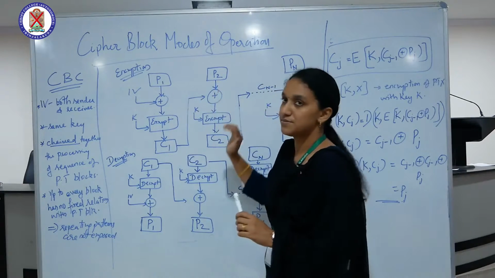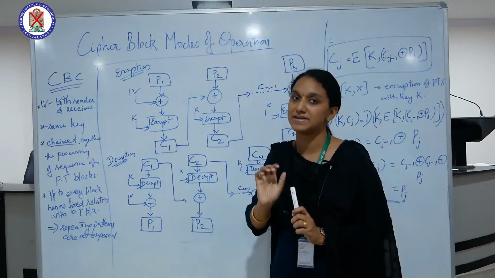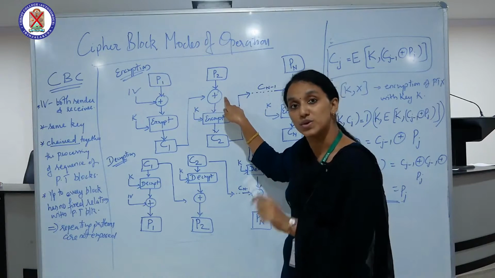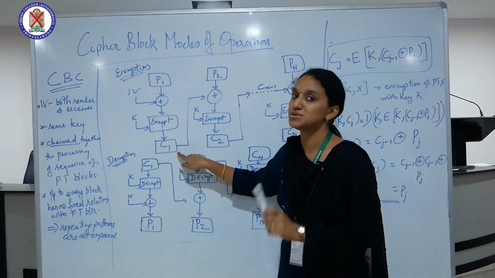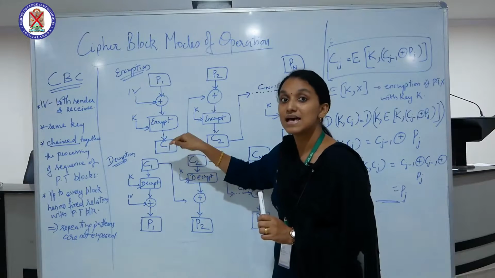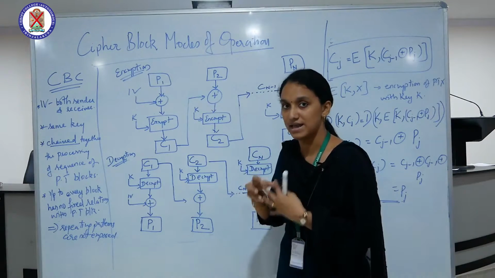What happens in the second block? In the second block, you again have the second unit of plain text, P2, and what is XORed with it is the preceding ciphertext unit, C1. So now you have C1 with us, and that C1 is XORed with the P2 which we have in hand.